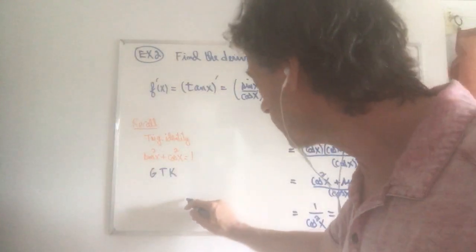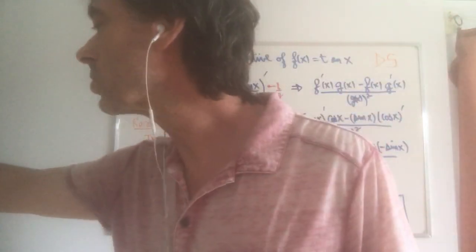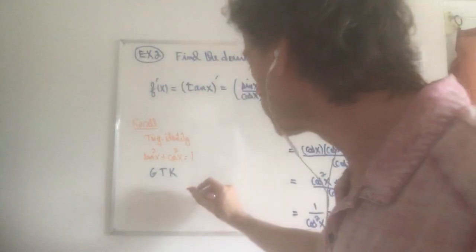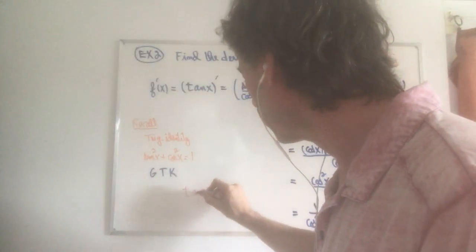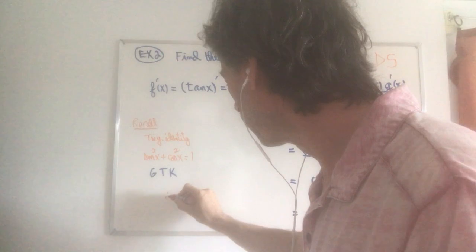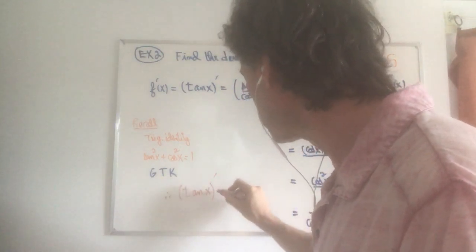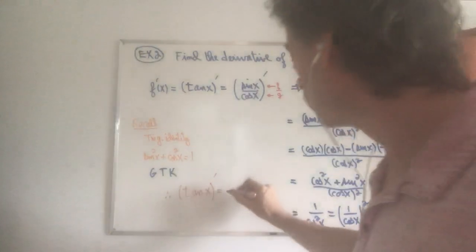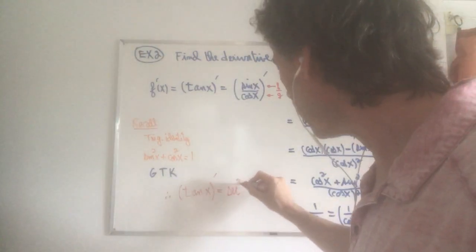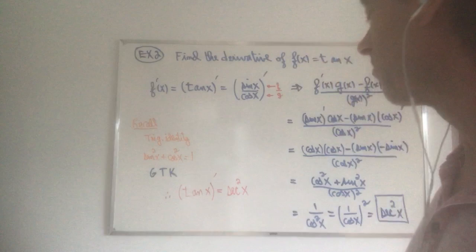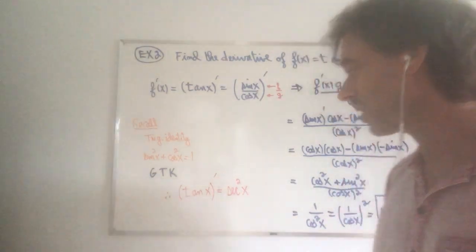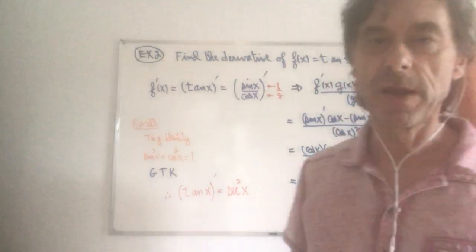That we're going to meet quite often, so it deserves a box. The derivative of, so conclusion, the derivative of tan x is equal to secant squared. I'm not going to make this my rule number 11 or something, because I want the rules just to stay for sine and cosine.